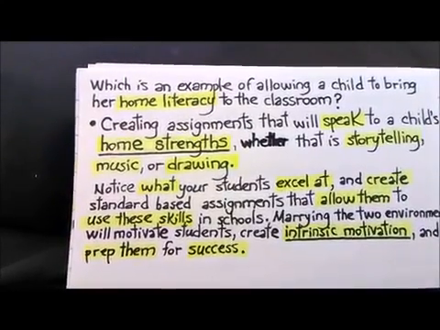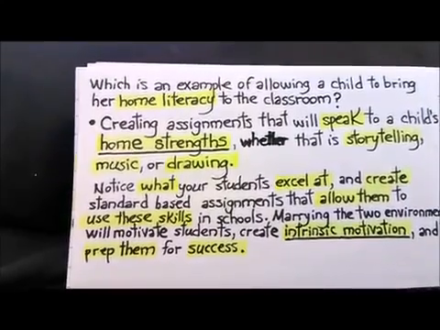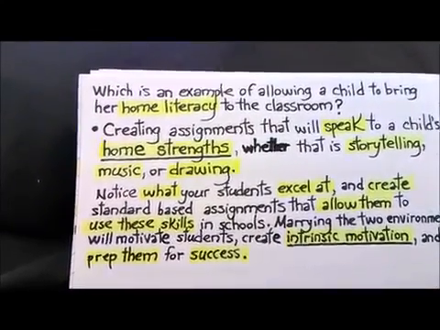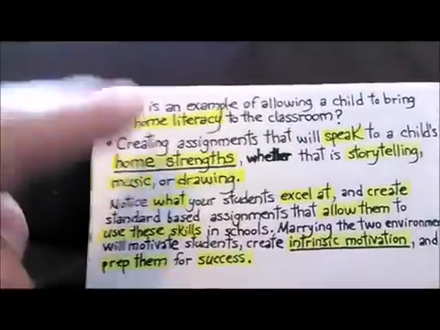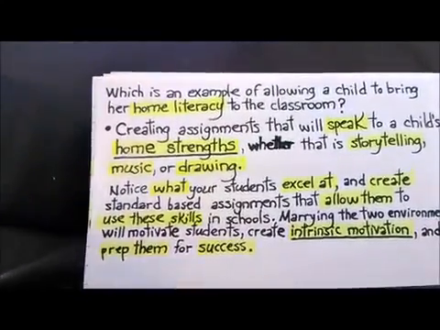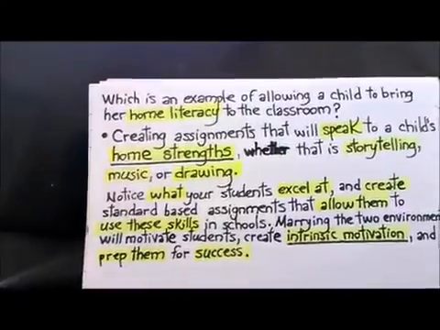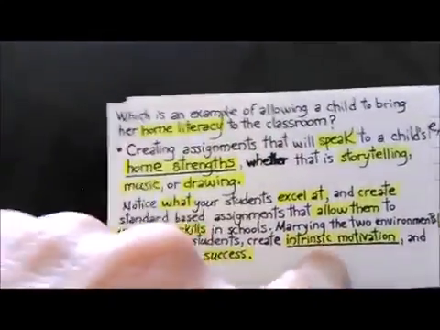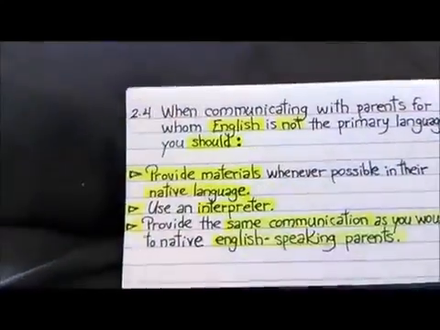Marrying the two environments will motivate students, create intrinsic motivation, and prep them for success. So that is an example of allowing a child to bring their home literacy to the classroom. You will create intrinsic motivation.